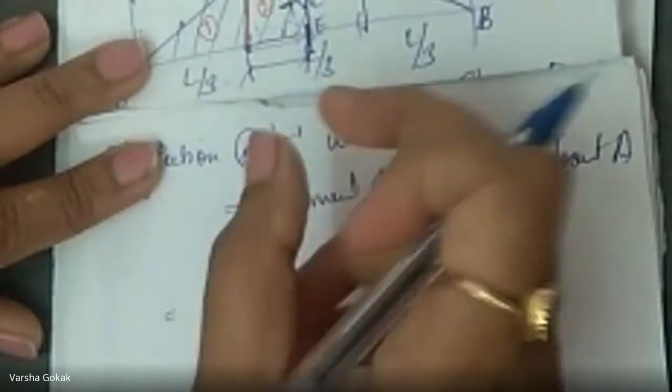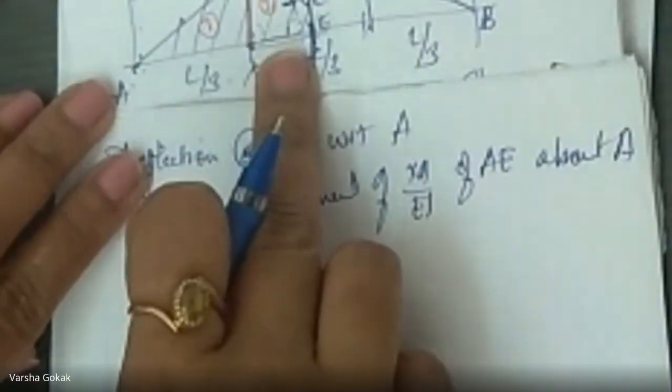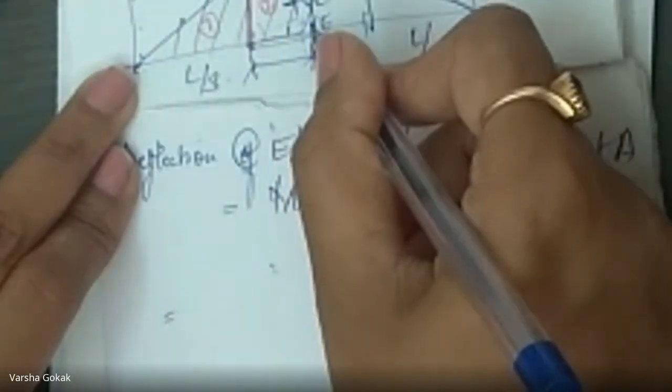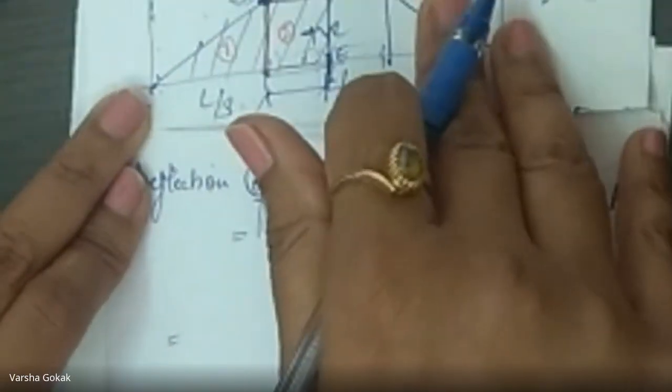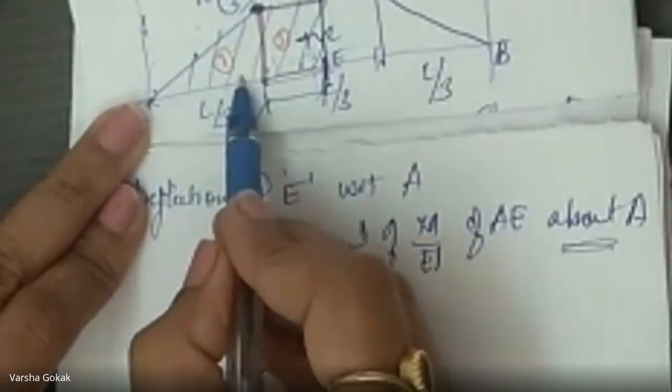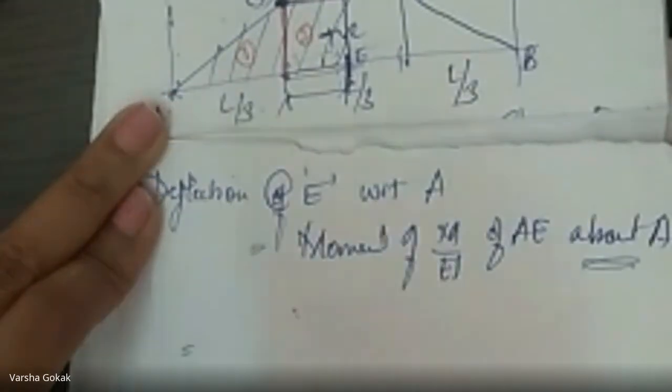So moment of area means this area into the CG distance from here. With respect to A means what you will do? You're going to take moment about this point or the E point? About A, okay? So I've written here about it. So 2/3 has to be multiplied.